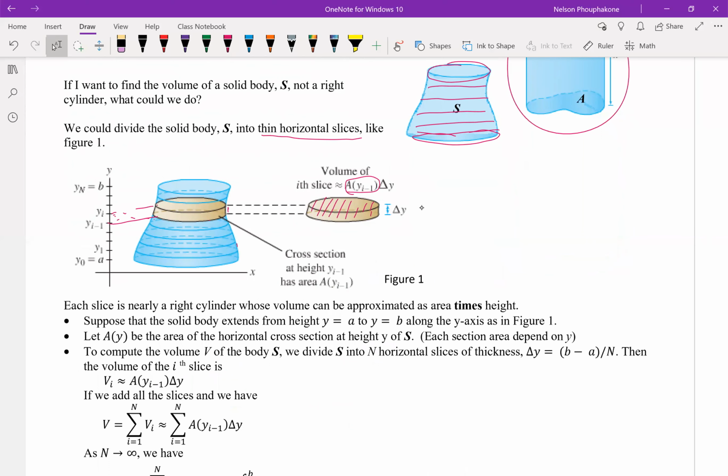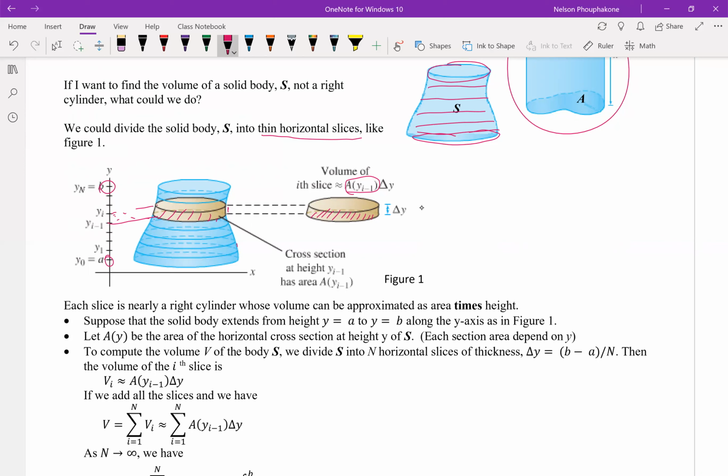Suppose the solid body extends from y equals a to b along the y-axis, and let A(y) be the area of the horizontal cross sections, just like this.